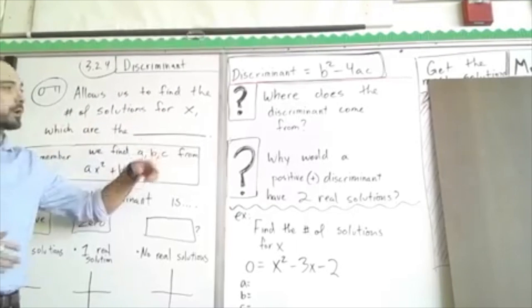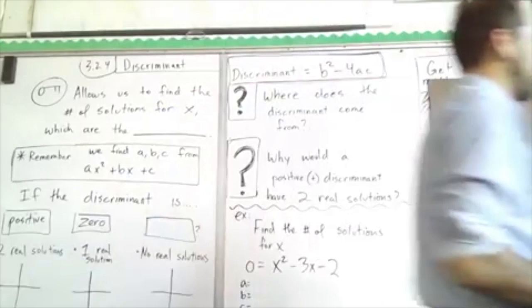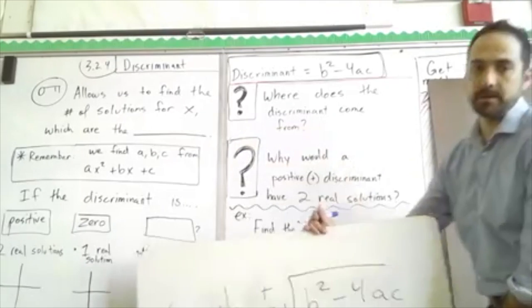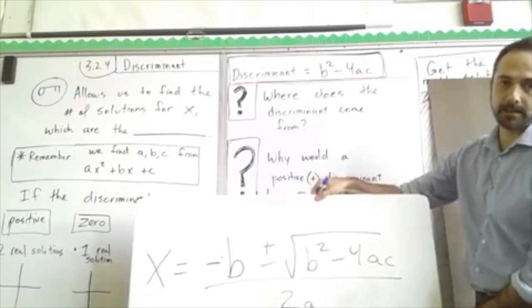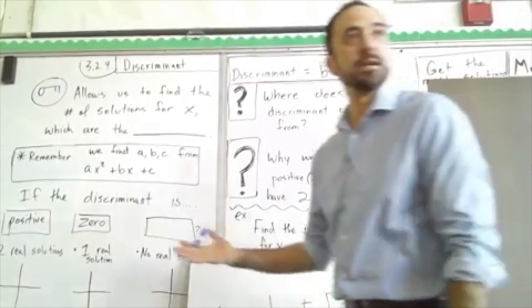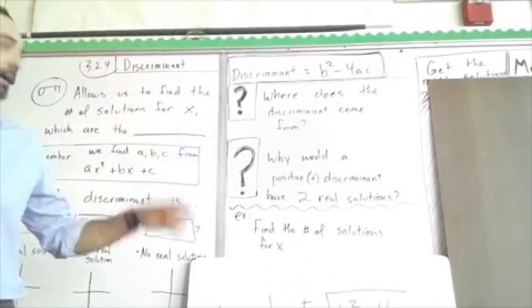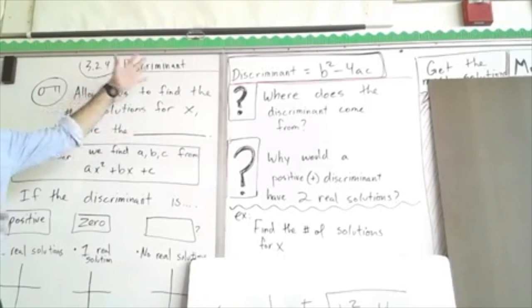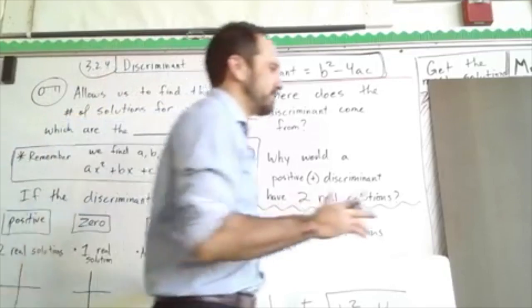We don't even have to work all this out. We had this complicated quadratic formula here. We wouldn't even have to work it all out to find how many solutions. You can think of the discriminant as basically finding the number of solutions using this process. That's kind of the very basic intro to it.